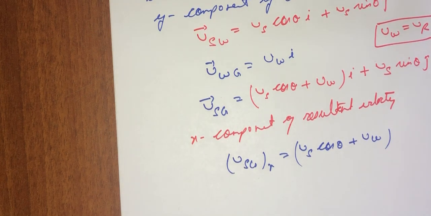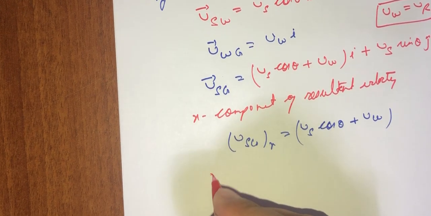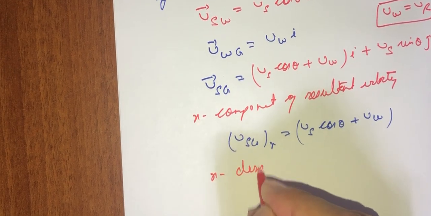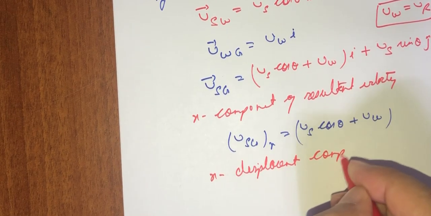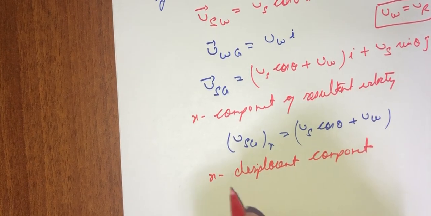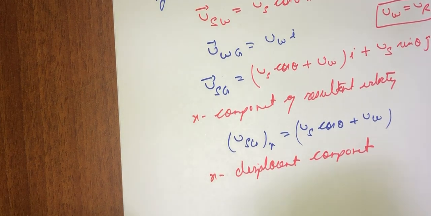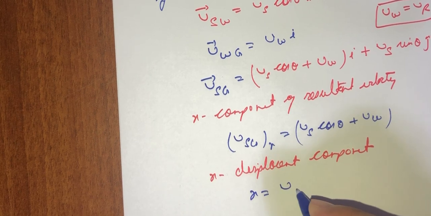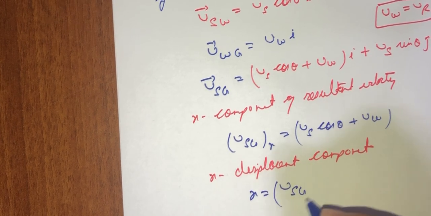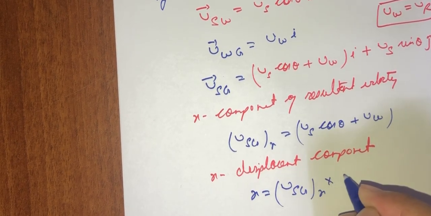and we can also find out the x displacement component that we already said is represented by x. So x will be equal to velocity in x direction multiplied by time t.